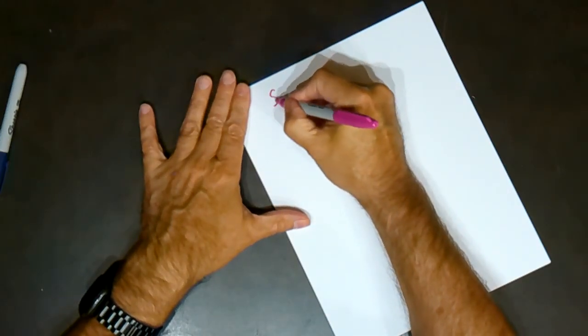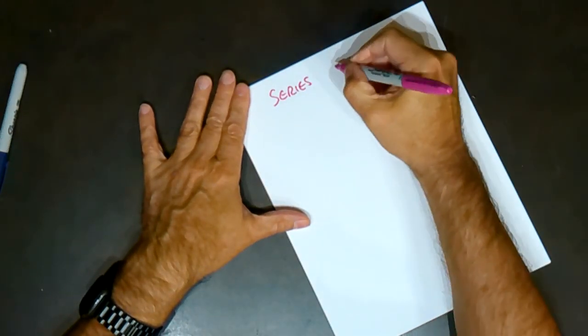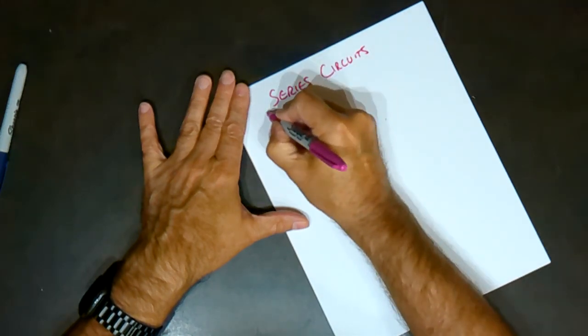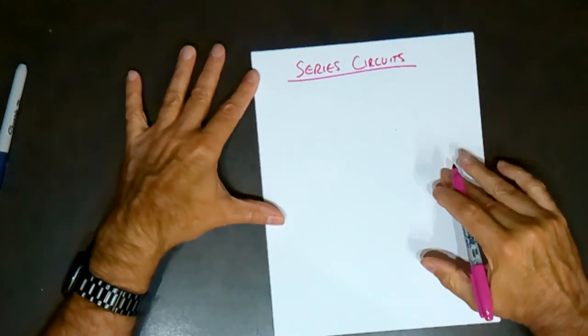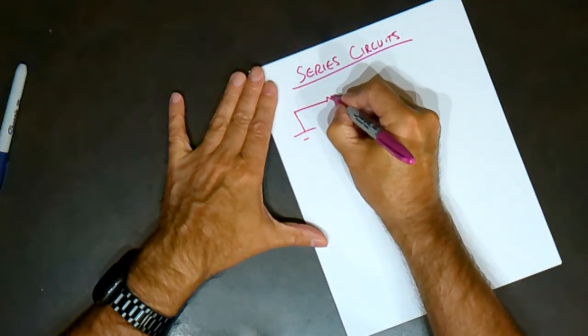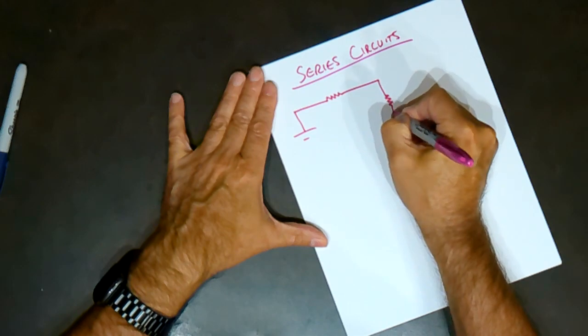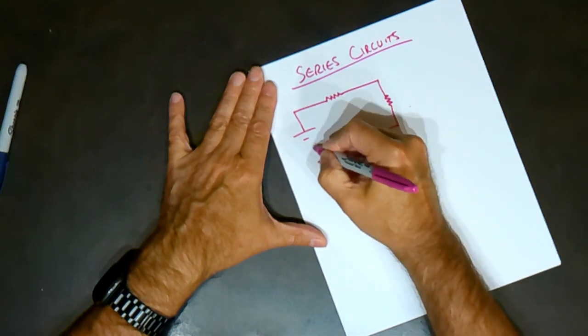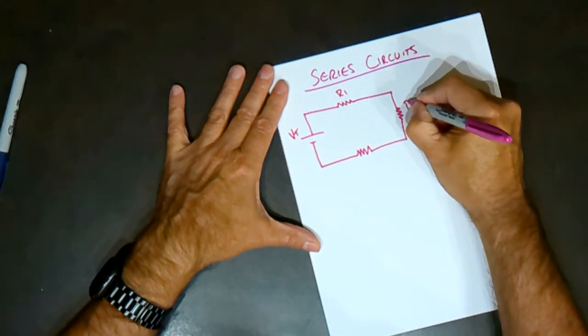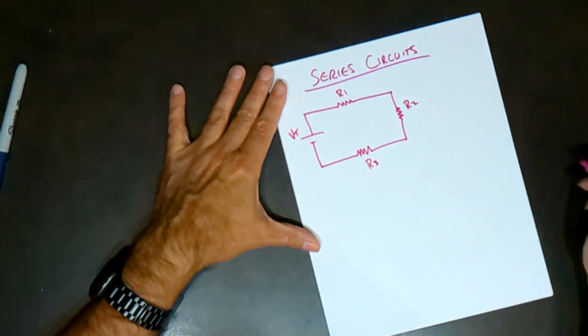So then we started looking at some series circuits. We had a voltage total, R1, R2, and R3.